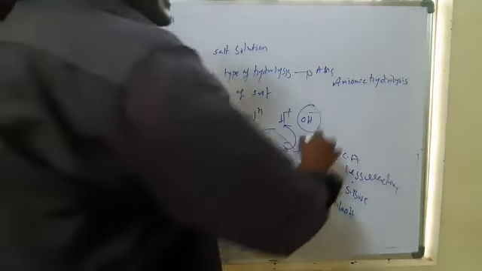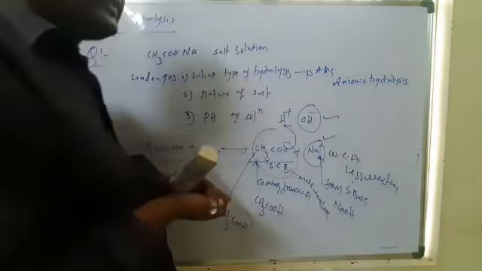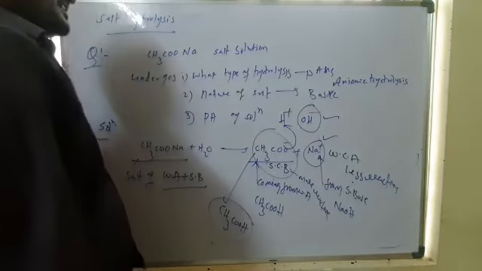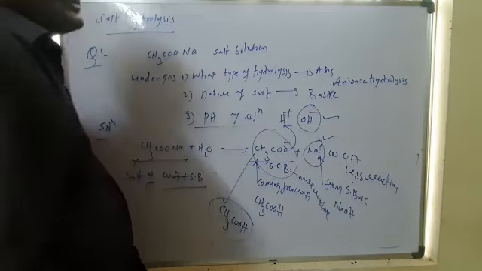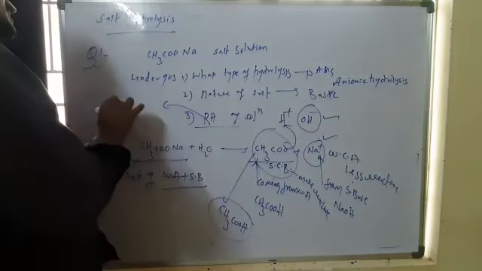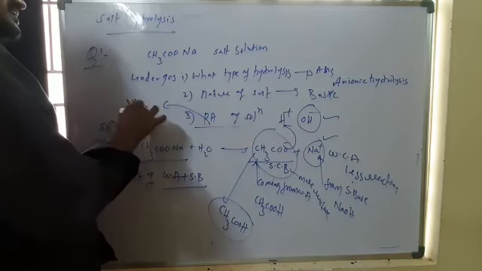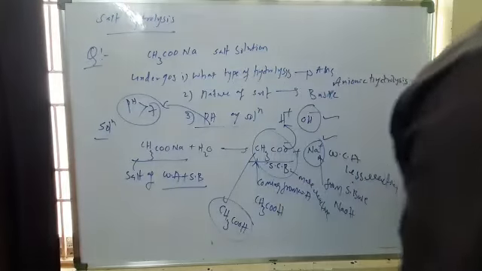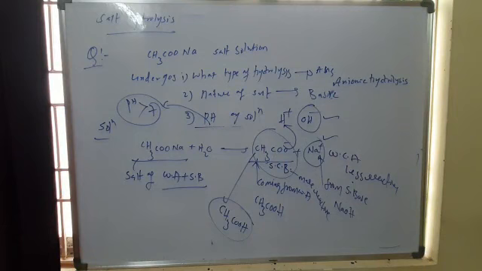So OH minus ions are free, and the solution is basic in nature. The pH of the solution is greater than 7, because free OH minus ions raise the pH above 7.